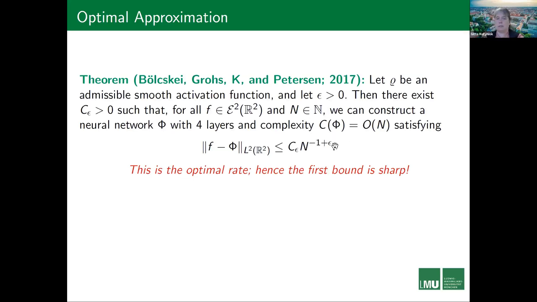And maybe it's not that surprising that you cannot get exactly the rate, because also with shearlets themselves, as I said, you can only get that up to a log factor. So in that sense, that is the optimal rate up to this epsilon. So the first bound is sharp.